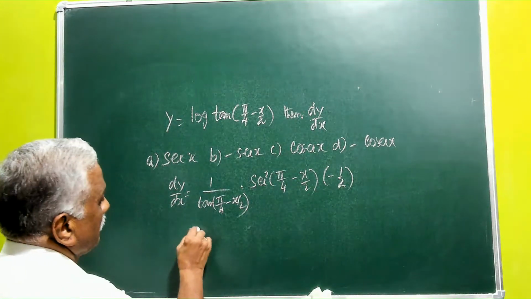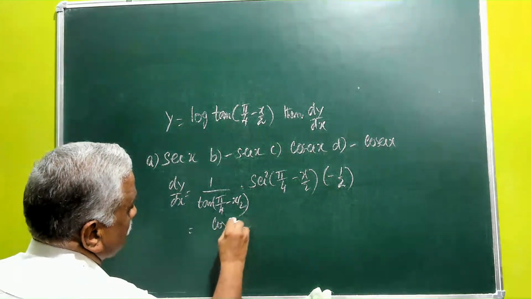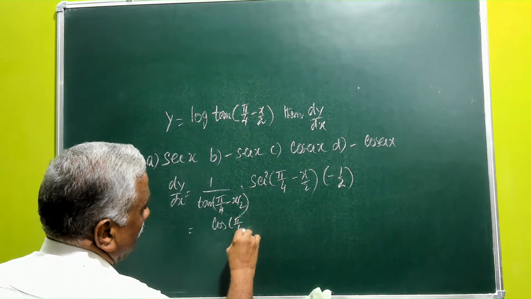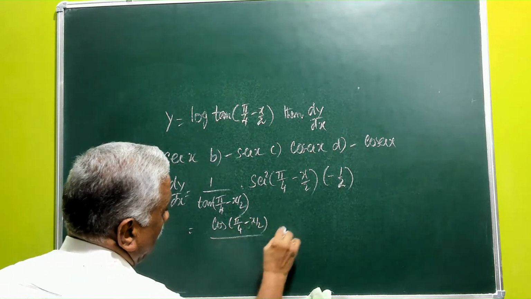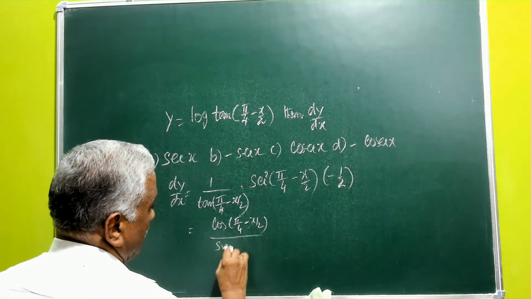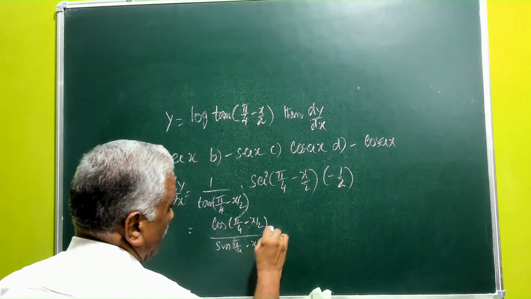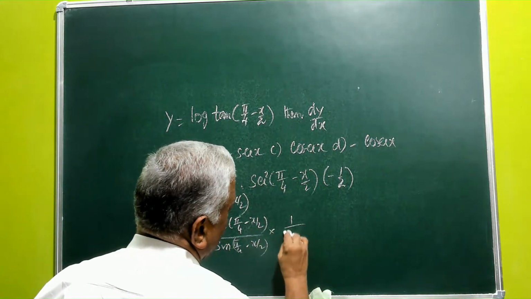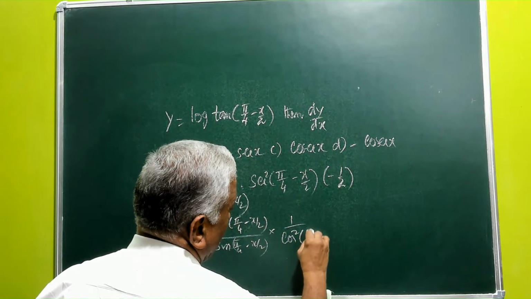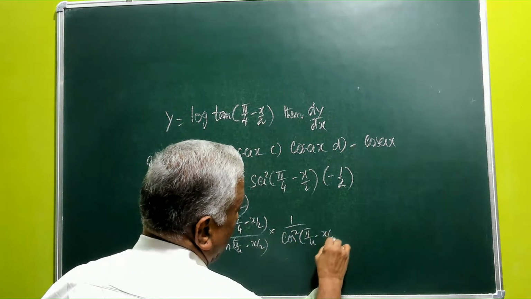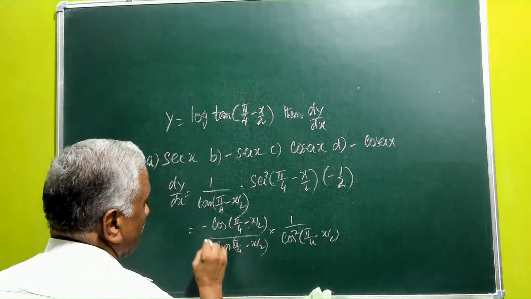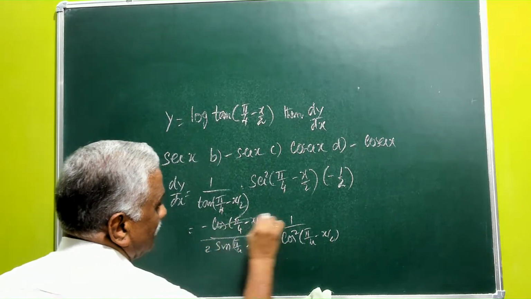So what you can do is, you can write this as cos of pi by 4 minus x by 2 divided by sin of pi by 4 minus x by 2. Secant square is 1 over cos square of pi by 4 minus x by 2. Minus sign here and bring this 2 here. This will cancel.